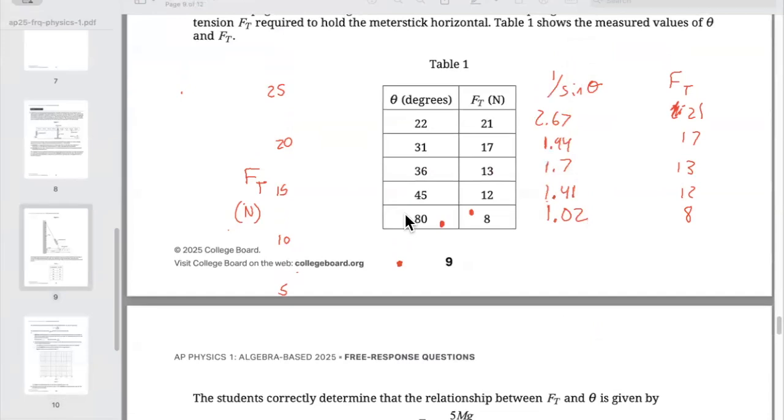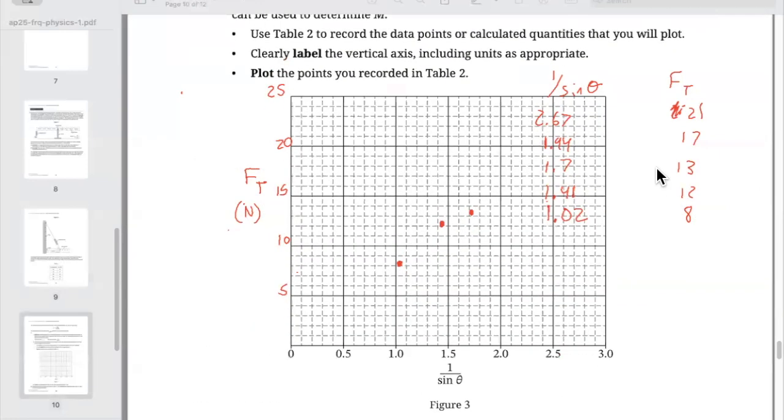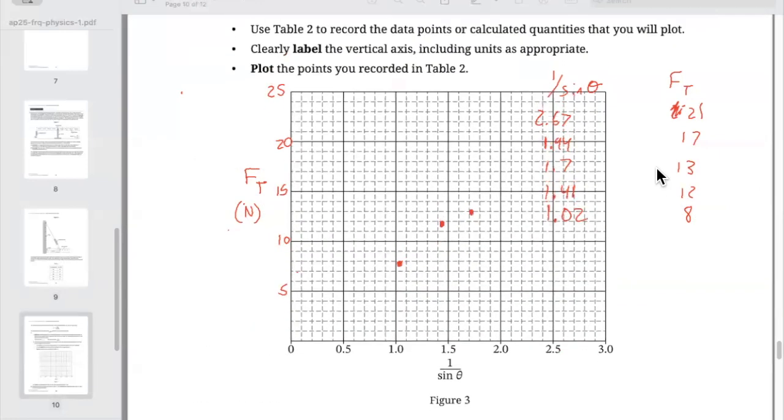Yes. 1.41 goes with 12. 1.7, unless I did my sine values wrong, but I don't think I did. Yeah, okay, let's just keep plotting and let's see what happens. All right, 1.94 goes along with 17, which is right here.